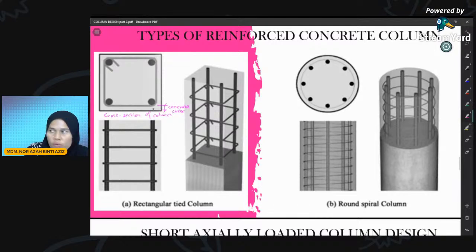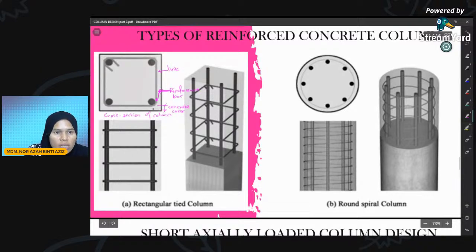Then we have reinforcement bars, and also we have the link.